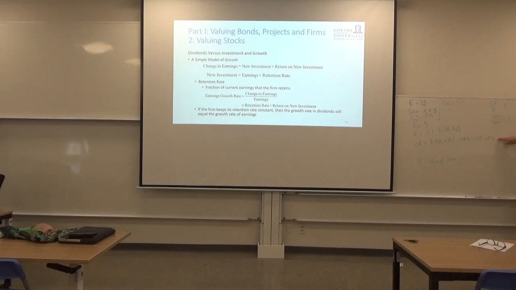So first of all, now let's get back to here. We have the change in equity, oh sorry, this as E times retention rate times ROE, and this is okay.